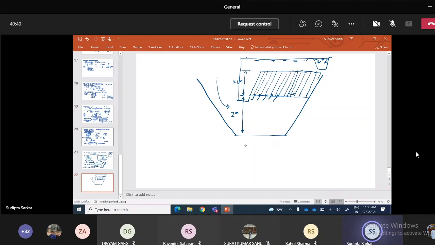This is how the dimensions should look. So the total depth that we need to provide is, you need to provide 1 meter above this. So this is 3.6 meter.